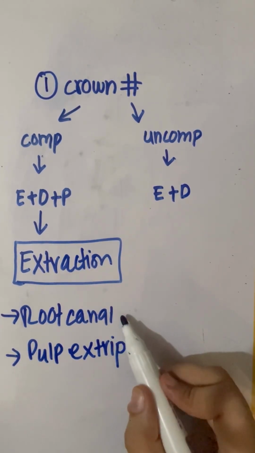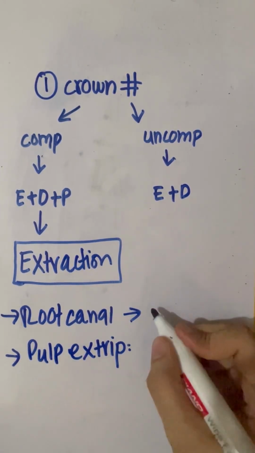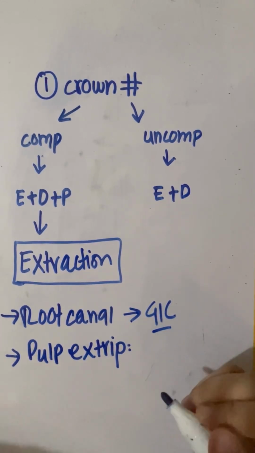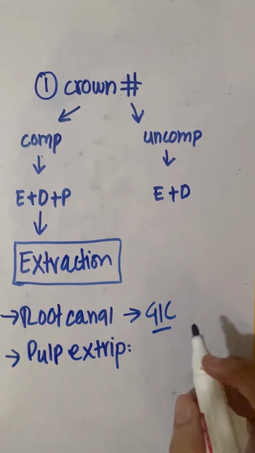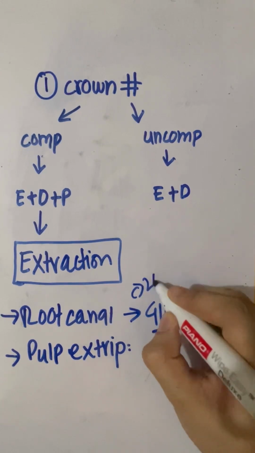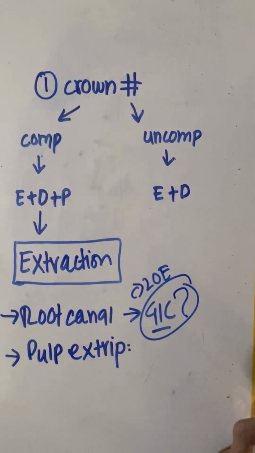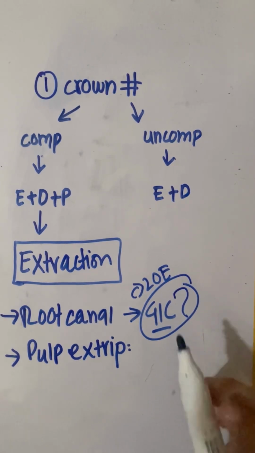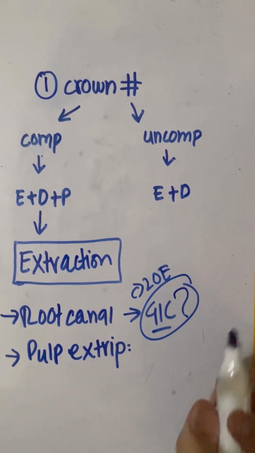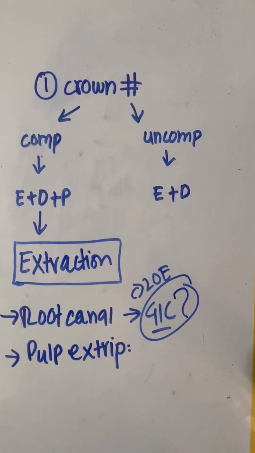If you are going for root canal, then you will not use GIC as we use in permanent teeth in adults. We will use zinc oxide eugenol. Why are we not using GIC? Because it will not resorb, while zinc oxide eugenol will resorb with time, as the primary tooth root resorbs. The material will also resorb along with the root.